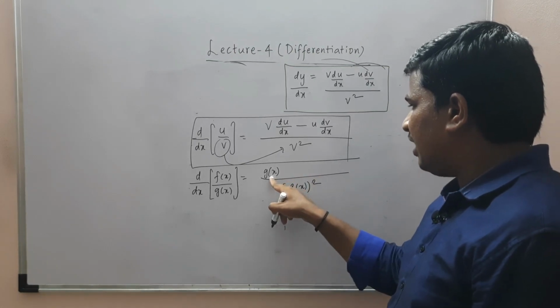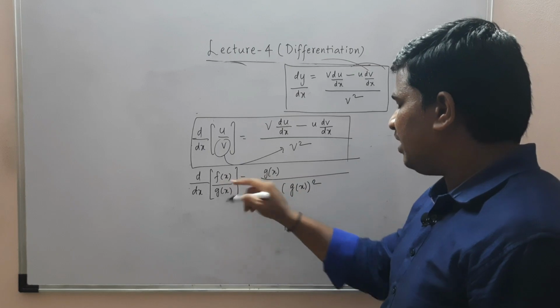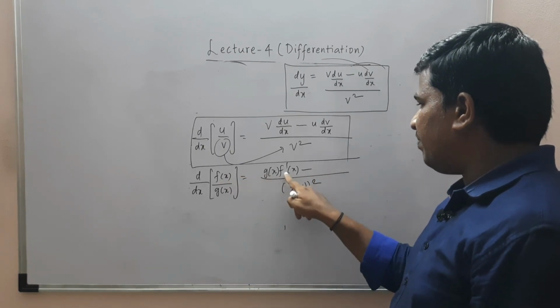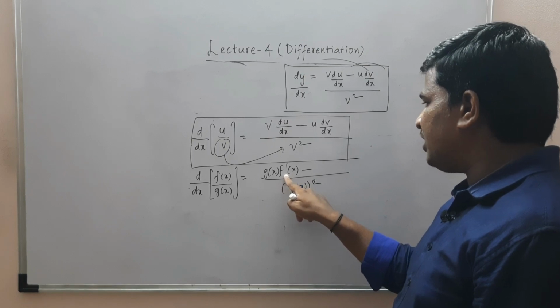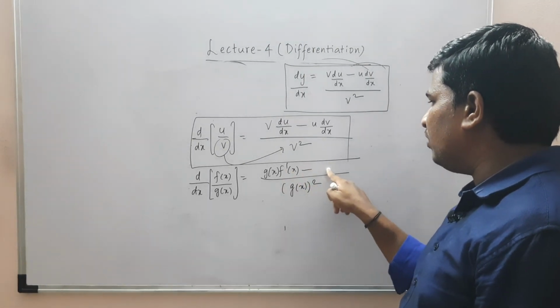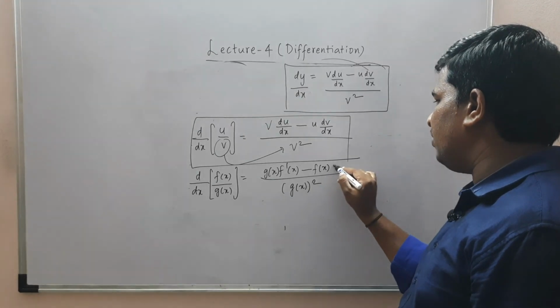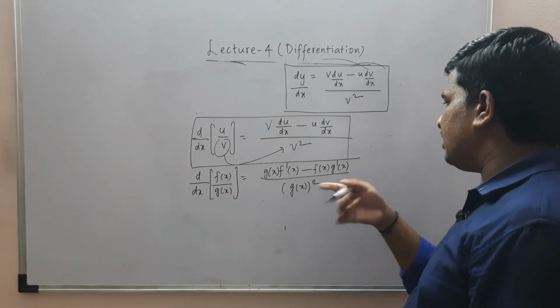You are not disturbing g of x, you are disturbing f of x. So f dash x, its derivative, minus, as you disturbed f of x here, you must not disturb f of x here. So whom should you disturb? g of x. So you should write f of x into g dash x. That's it.